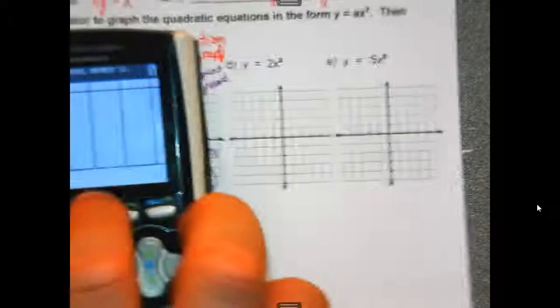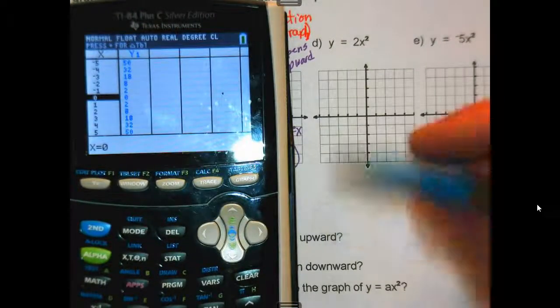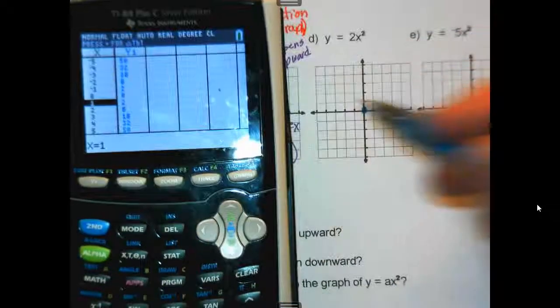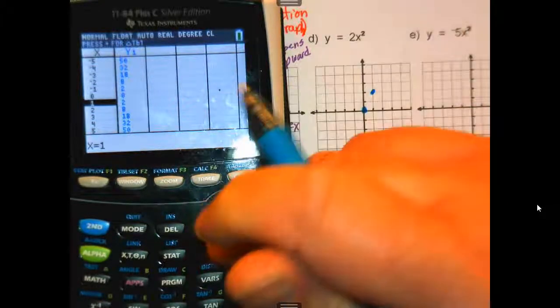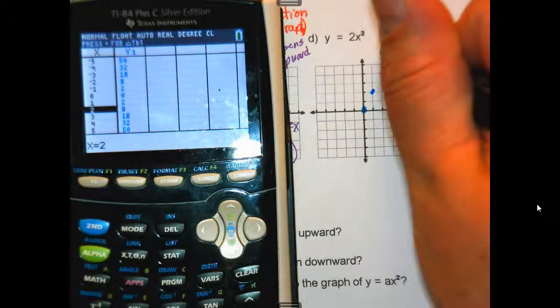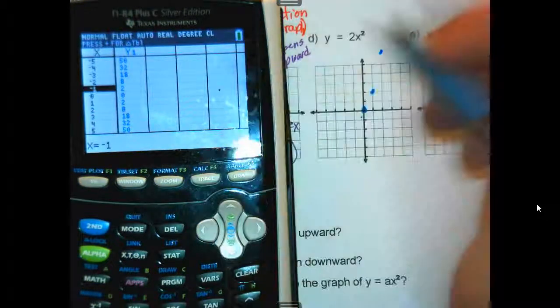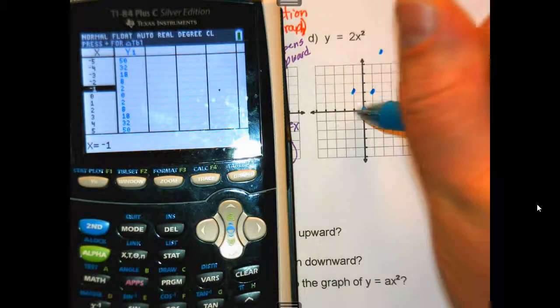So here's my vertex at 0, 0. Let's see, 1, comma 2, 2, comma 8. It's going to be way off of here. And let's go the other way. Negative 1, comma 2, and negative 2, comma 8.